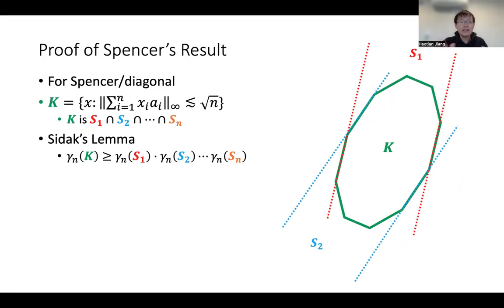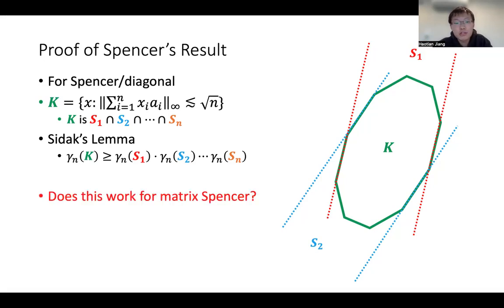By Sidak's lemma, the Gaussian measure of K would be at least the product of the Gaussian measures of each one of these slabs. And if you pick the constant on the right-hand side to be large enough, then each one of these slabs would have as big a constant Gaussian measure as you want. So this will give you the sufficient Gaussian measure lower bound.